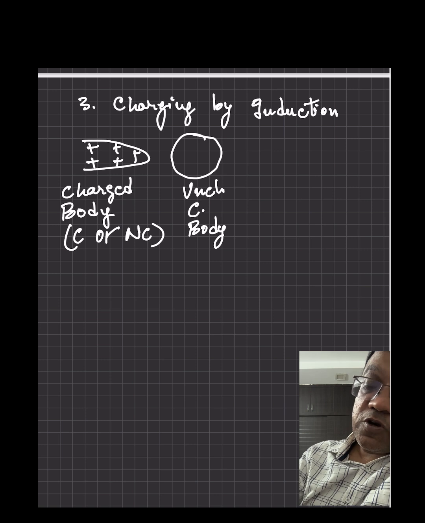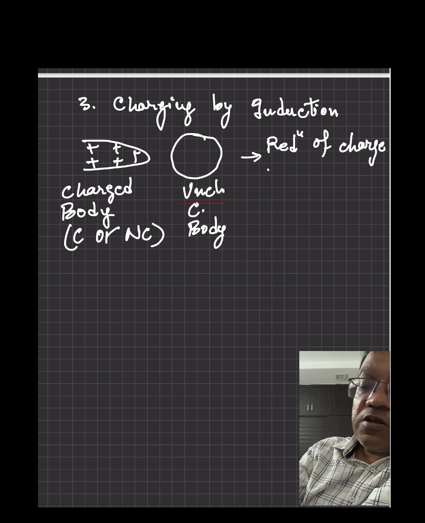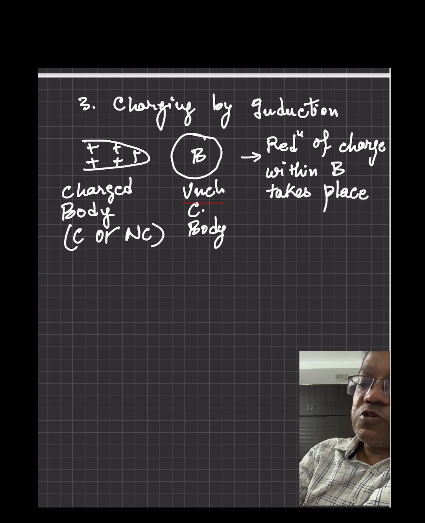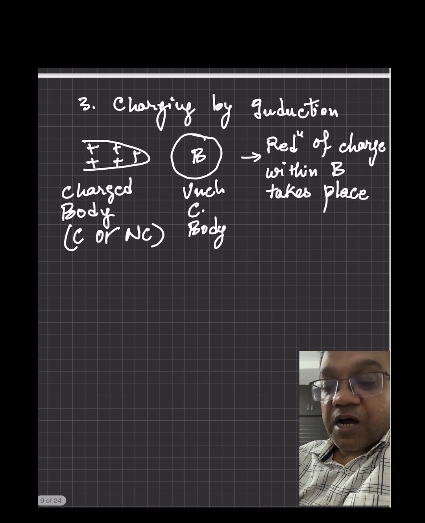Then what happens? Because of this, some redistribution of electrons takes place, a redistribution of charge within B. Why does it take place? Because of electrostatic induction, because of the electrical effects of this charged body.